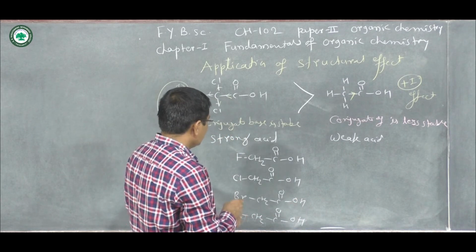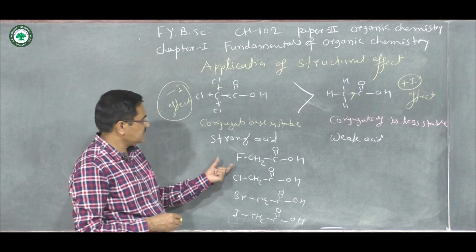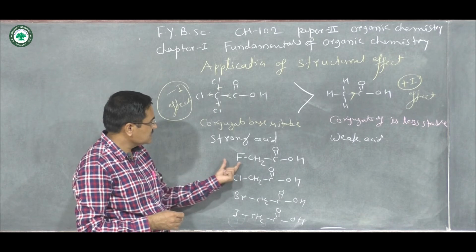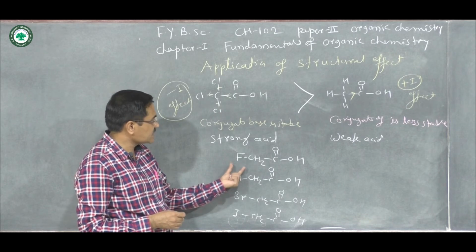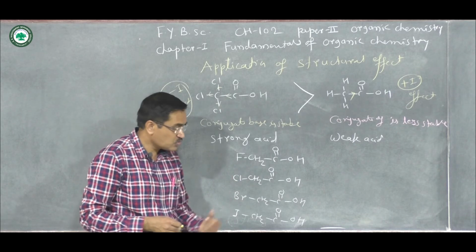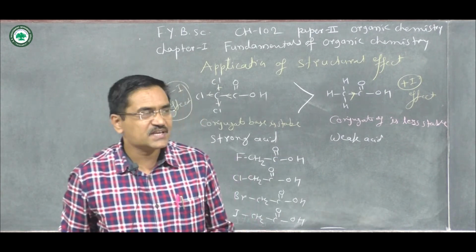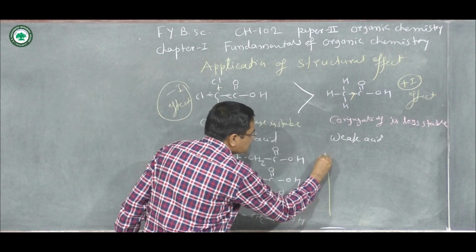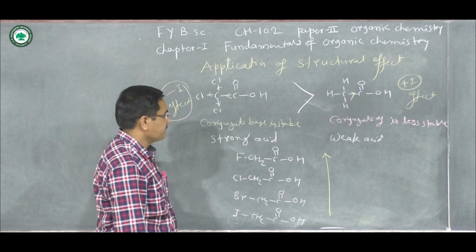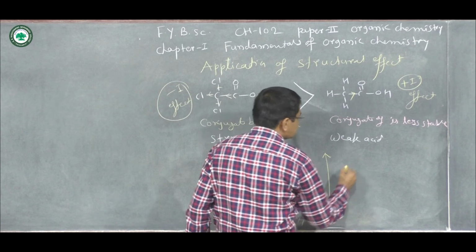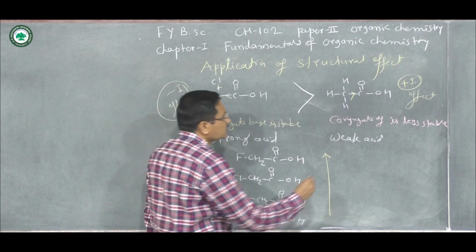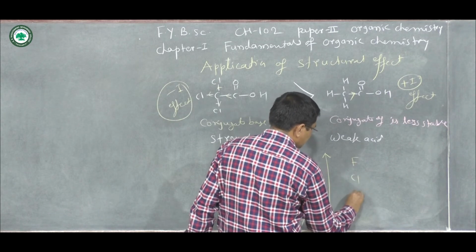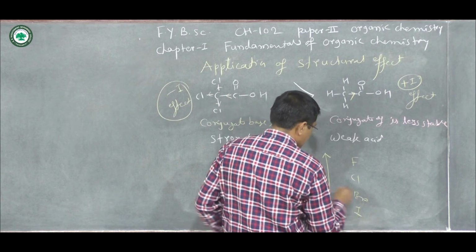Now here when we consider the different alpha substituted acetic acids, that is fluoroacetic acid, chloroacetic acid, bromoacetic acid, iodoacetic acid, here the strength of acid increases in this order because this is related to the electronegativity, because electronegativity also increases here.